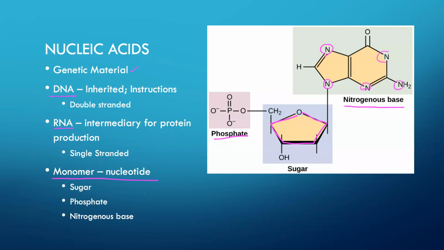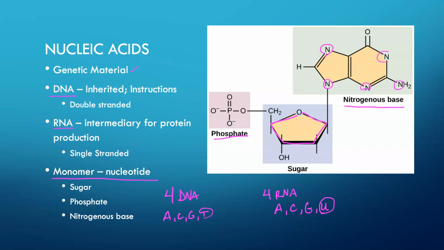Now, for the monomer, for the nucleotide, there are actually 4 DNA monomers, and there are 4 RNA monomers. We'll talk about those in a second, but just for a minute, several of them are the same.